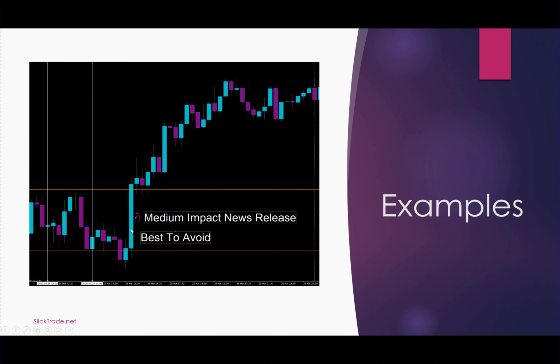Right here, this candle, so here's your identified range. Price broke to the downside, but then there was a medium impact news release right here. So the short would not have reached its take profit. Then you would have been exited out to the full stop loss.